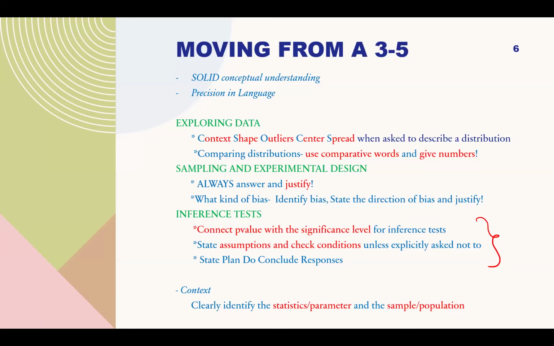Like in probability, there's a straight-up formula for independence or mutually exclusive. Same thing with inferential: we will have a mathematical comparison. So it's important you connect your calculation to whether you're significant or not, and state that it's a significance level. I find students might just compare their probability to a number and not state that it's their significance level.